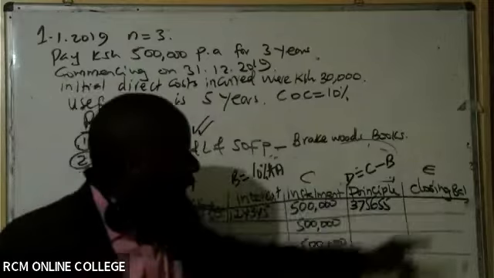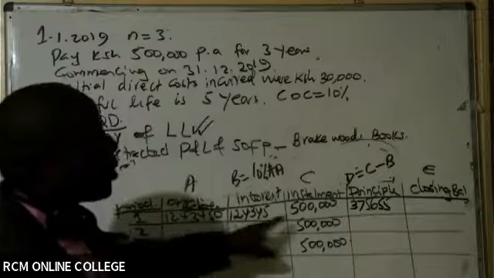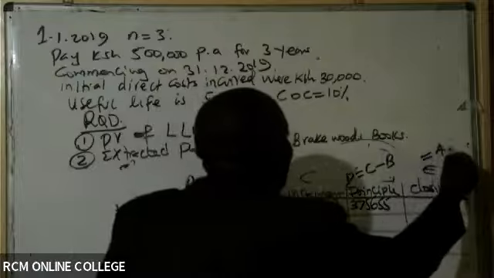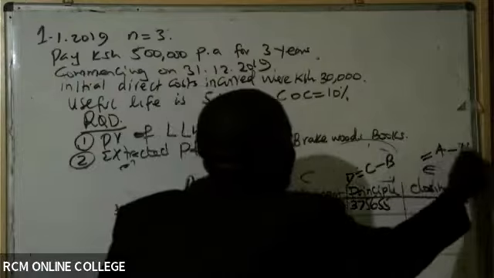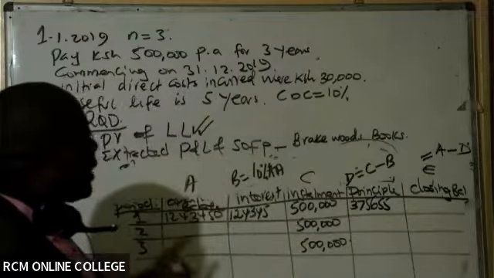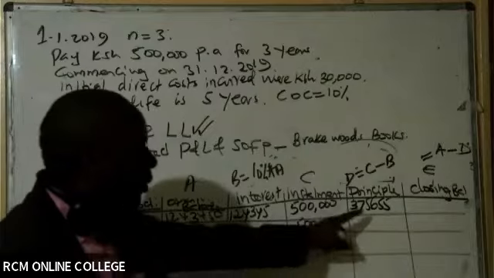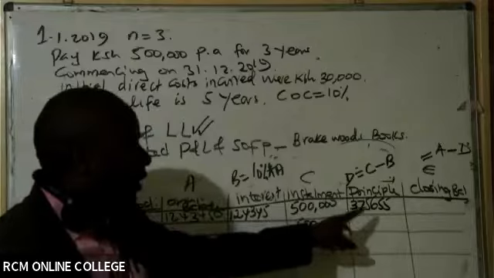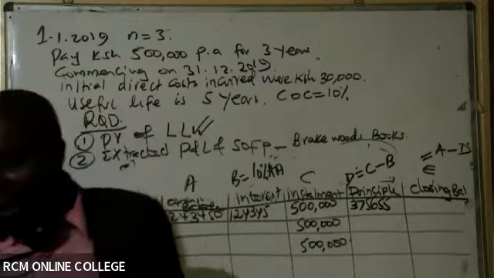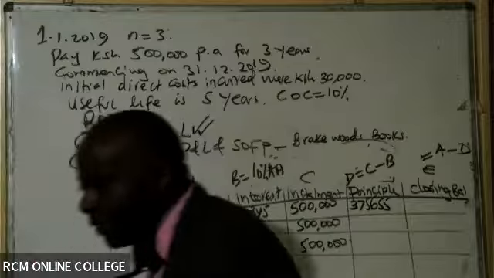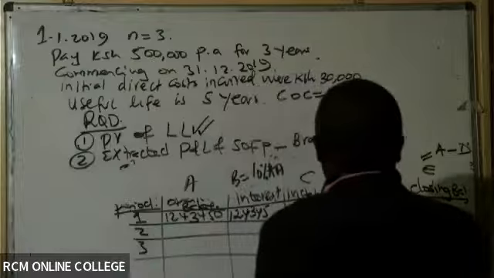So to get E, you take A and subtract D. Is there somebody who can give me 1,243,450 minus this 375,655? Closing balance, according to Bini, it is 867,795.